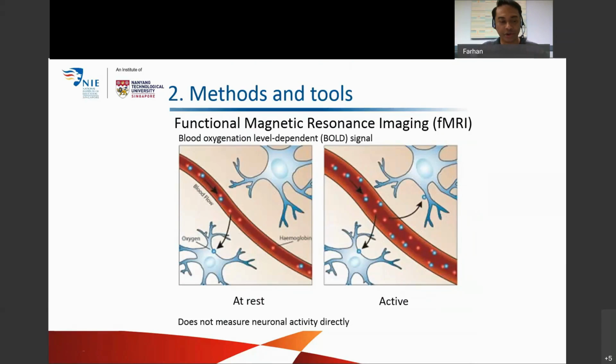One important thing to note is that fMRI does not measure neuronal activity directly. It measures blood oxygen, which is a proxy for neural activity. That is why fMRI is also sometimes called blood oxygen signal imaging.